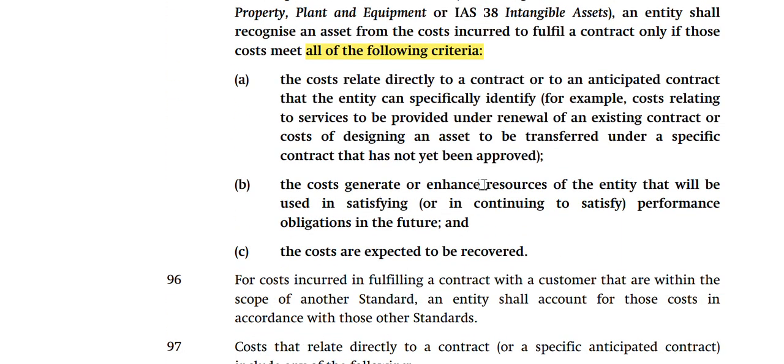The costs relate directly to a contract or to an anticipated contract that the entity can specifically identify. The cost generates or enhances resources of the entity that will be used in satisfying performance obligations in the future, and the cost is expected to be recovered. So it's very important that all of this is satisfied.